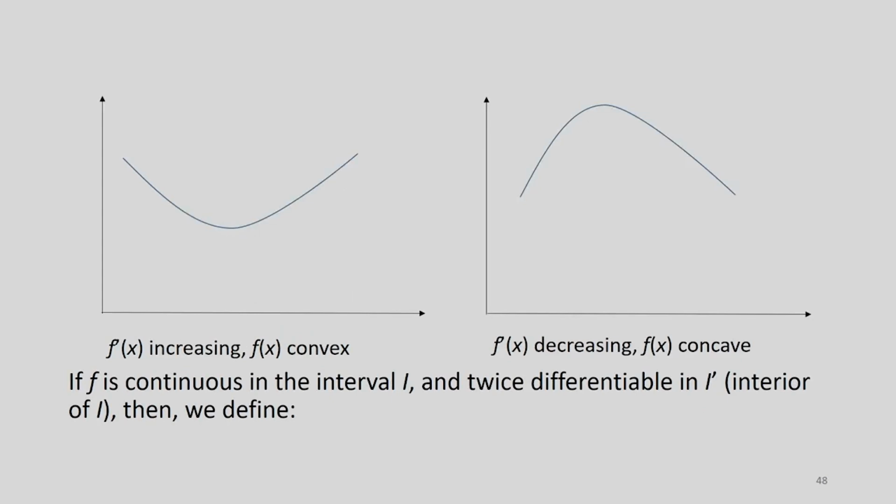If f(x) is continuous in the interval I and twice differentiable in I dashed, what is I dashed?